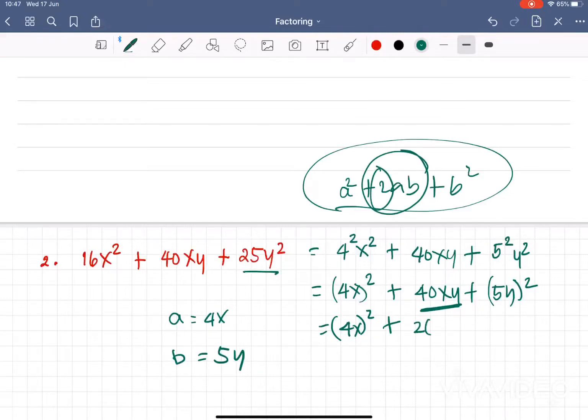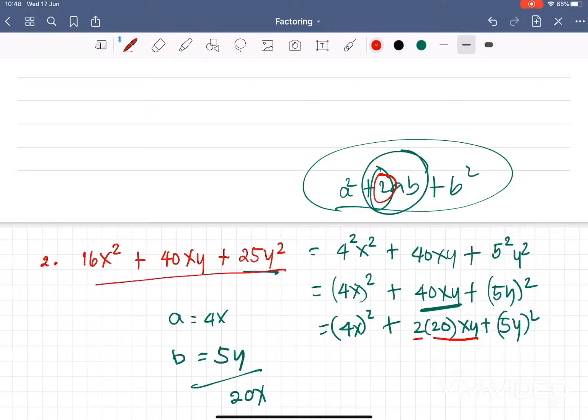So this will become 2 times 20xy plus we copy 5y squared. If you take a look at a and b, if I multiply a and b here, I will get 20xy, which is there. And then I have the constant 2, which is there. So obviously, this polynomial is a perfect square.